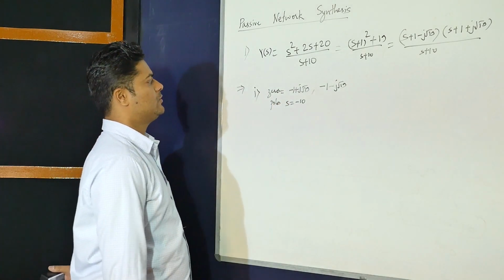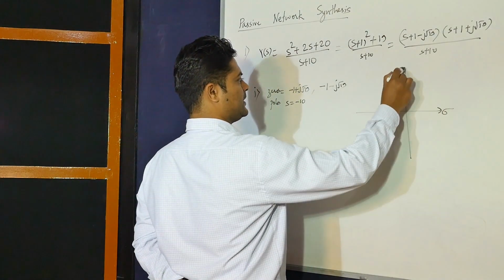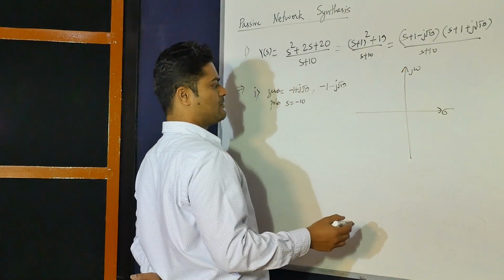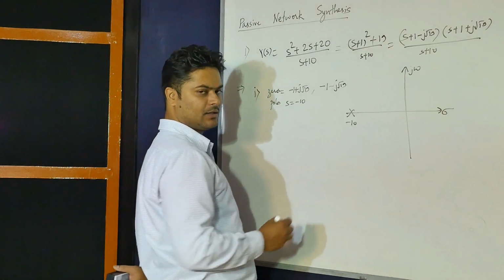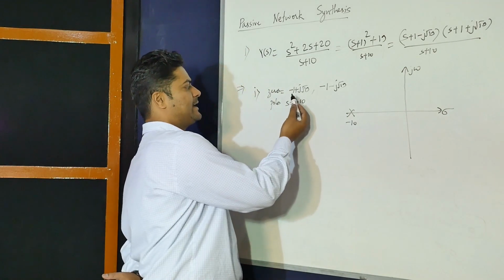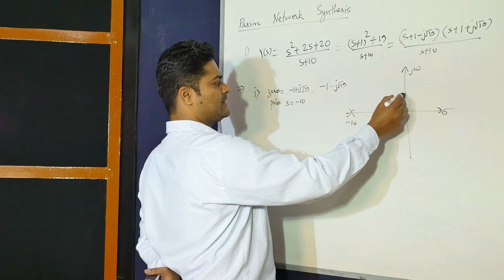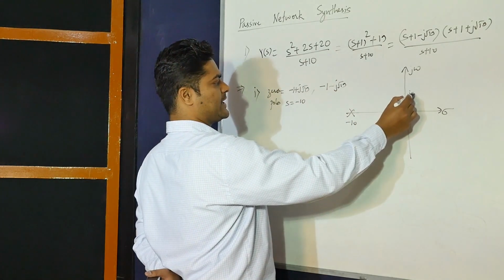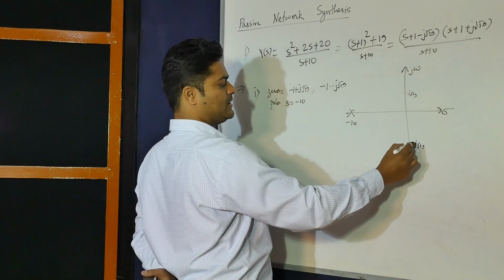Correct? So if I plot on the sigma, j omega plane, my one pole lies at s equal to minus 10, and my zeros lie at minus 1 plus j root 19 and minus 1 minus j root 19.